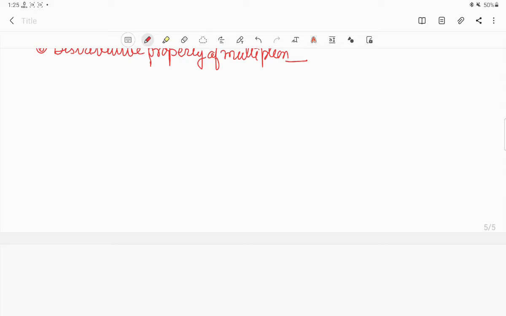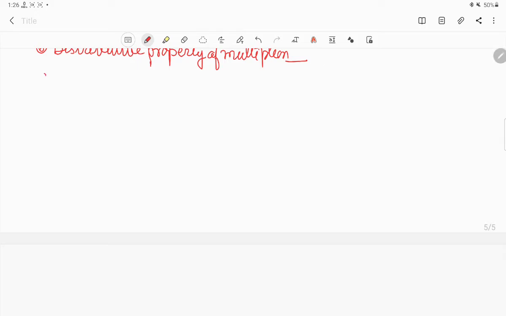And there is one more property, distributive property of multiplication over subtraction. That states that a number multiplied with the difference of two numbers is equal to the difference of the products of the first number with those two numbers. That I have written here.